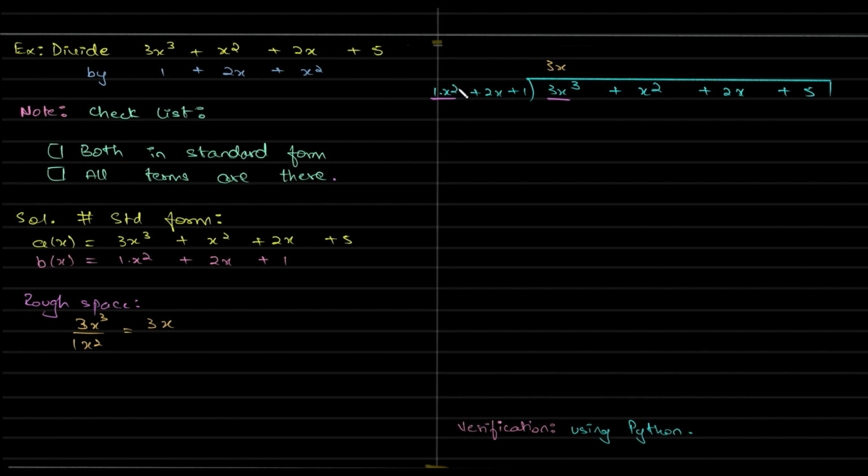So 3x into x square is 3x cube. Then 3x into 2x is 6x square. 3x into 1 is plus 3x. Then put a line. In division, if you think about it, whenever you're dividing, you change the sign, is it not?